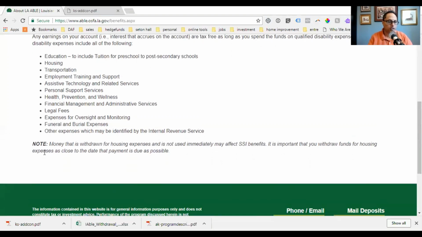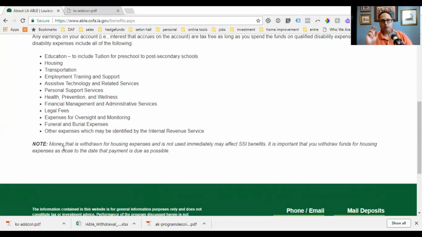And this is important. This note here is important. This is going to be a challenge for some people. Money that is withdrawn for housing expenses and not used immediately may affect SSI benefits. It is important that you withdraw funds for housing expenses as close to the date that the payment is due as possible.